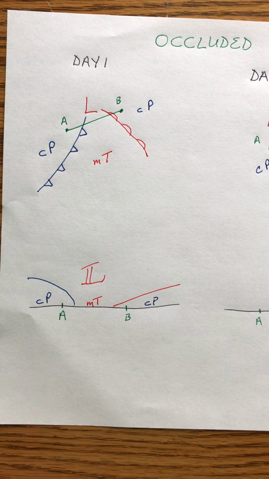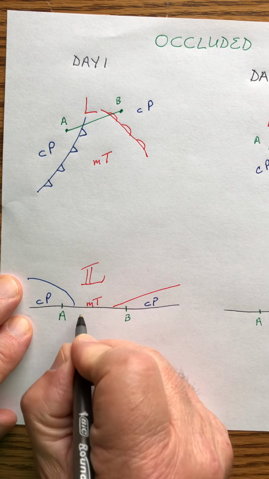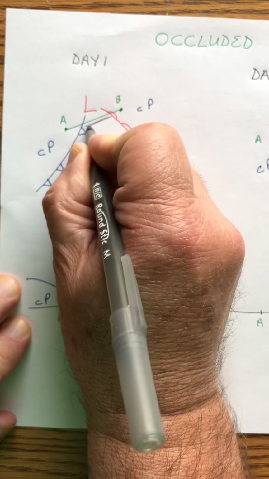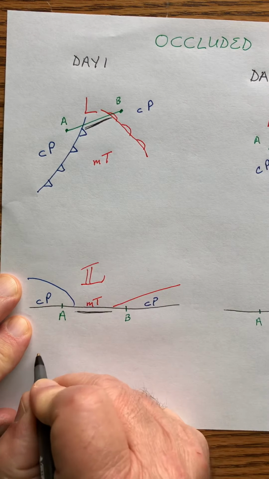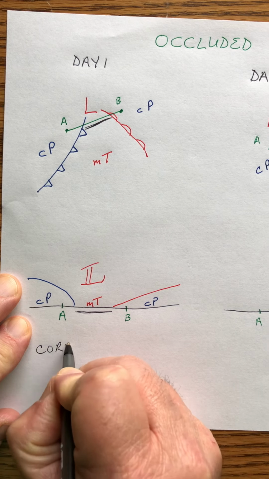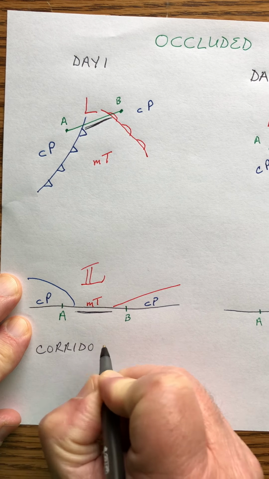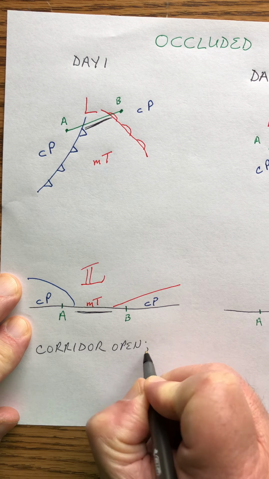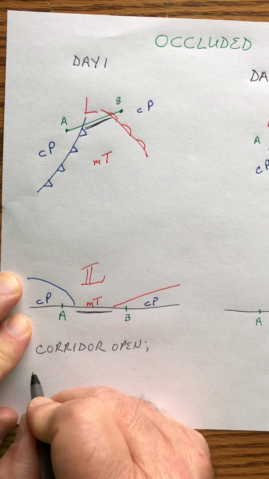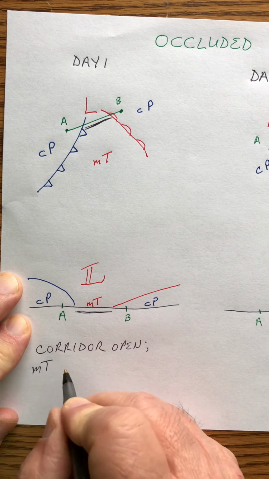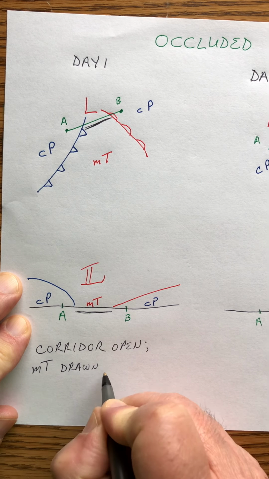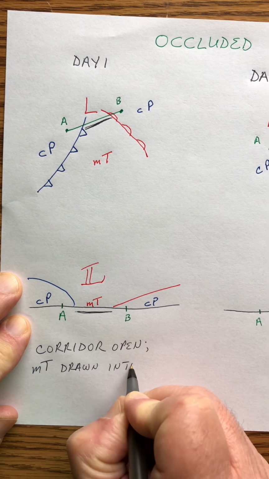So the important thing on day 1 is that notice here where the maritime tropical air is, we've got this corridor open. And the importance of that is that warm, moist air, the maritime tropical air, will be drawn into the low pressure.